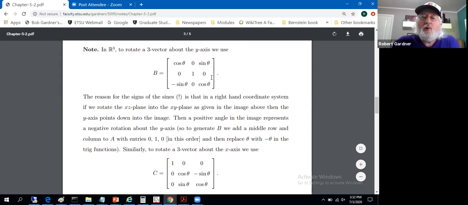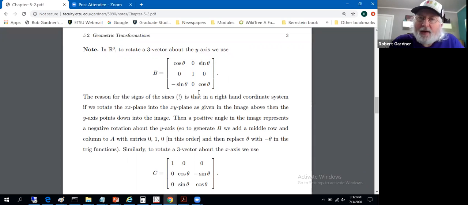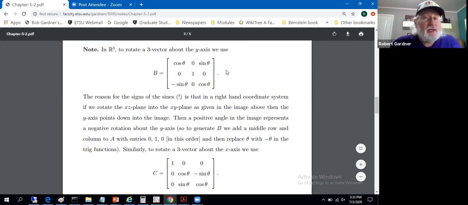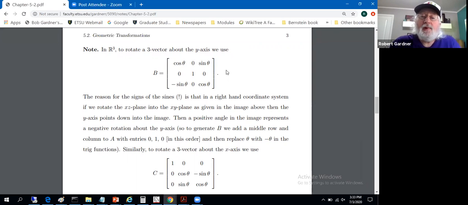So we keep the y coordinates the same, and then think about applying what we had up there, but we've created it in such a way that we have to replace thetas with negative thetas to get this type of representation. Here's a rotation represented in terms of a matrix, rotating about the y-axis.